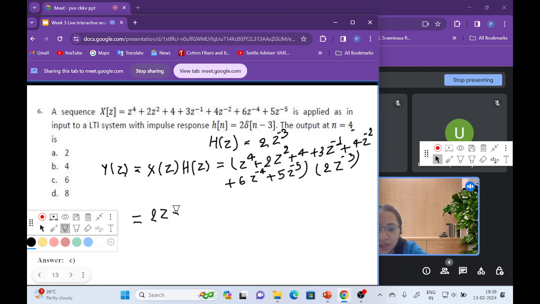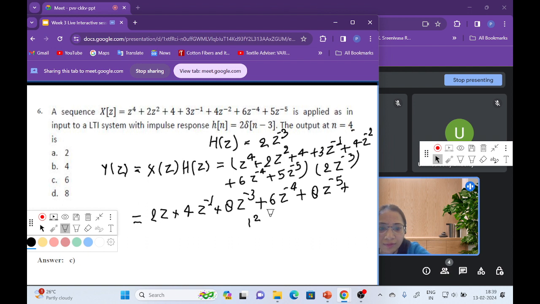That gives 2z, plus 4 z inverse, plus 8 z to the power minus 3, plus 6 z to the power minus 4, plus 8 z to the power minus 5, plus 12 z to the power minus 7.